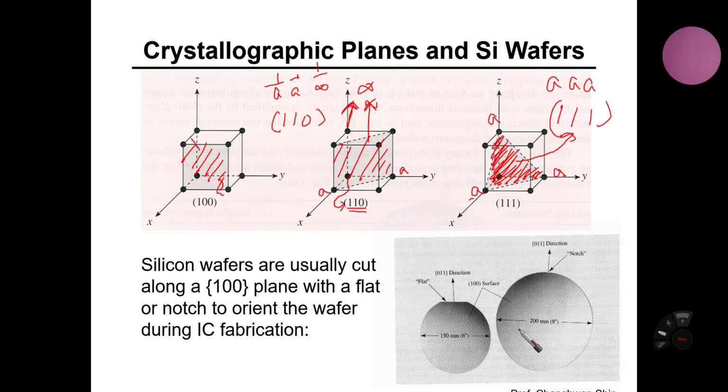Most likely the top surface of the silicon wafer is 100 or 110. It depends on the cost.